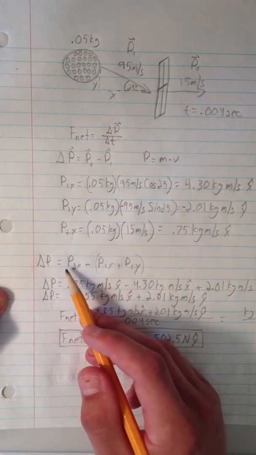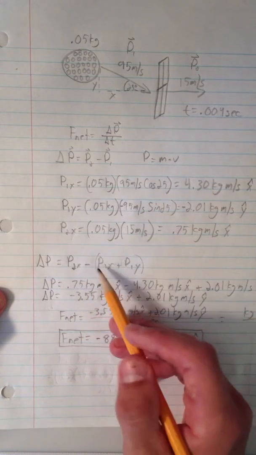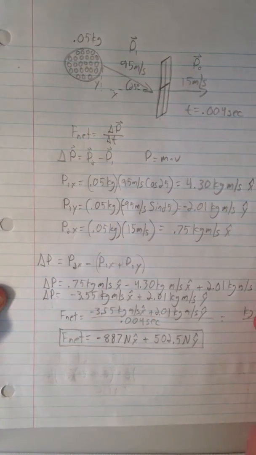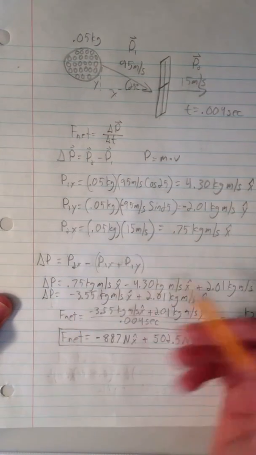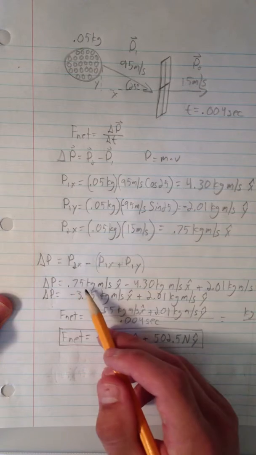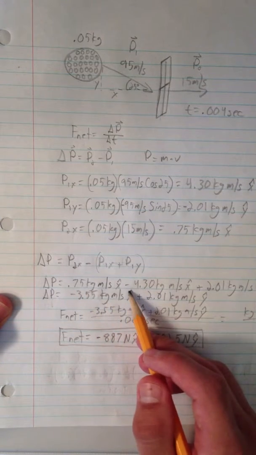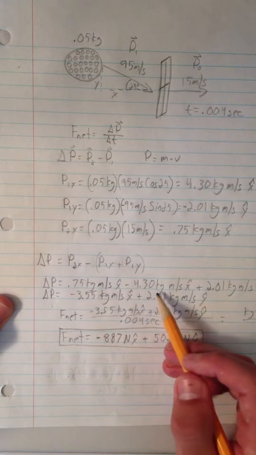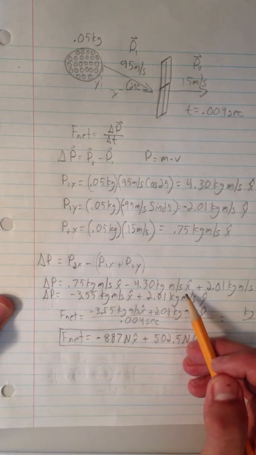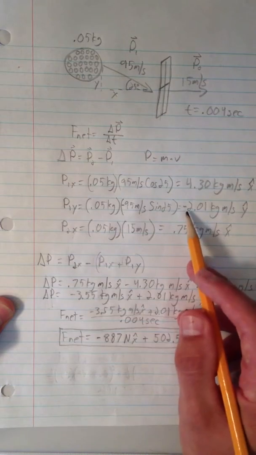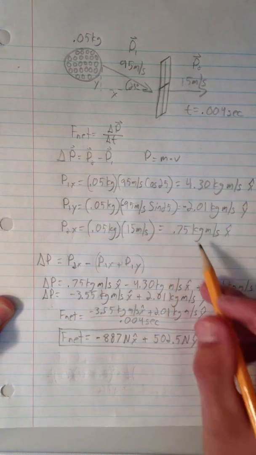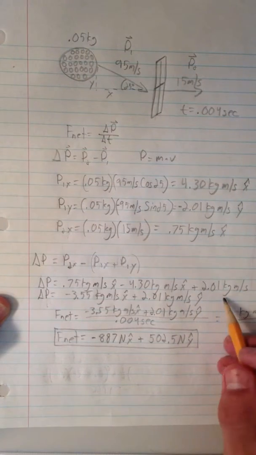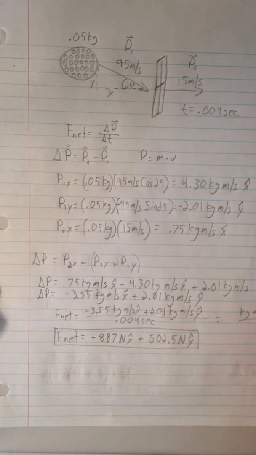So I know that P2x minus P1x plus P1y will give us that change in momentum. So we just plug in the numbers and we end up with 0.75 kilogram meters per second minus P1x, which is 4.30 kilogram meters per second x hat, minus negative for the y, minus negative 2.01, which just ends up equaling plus 2.01 kilogram meters per second.